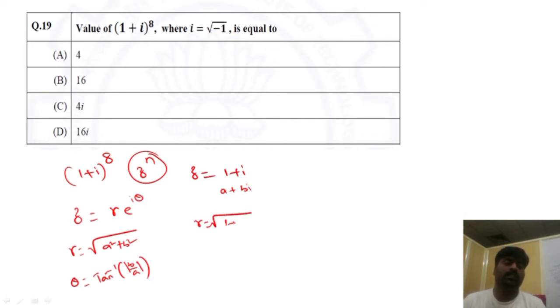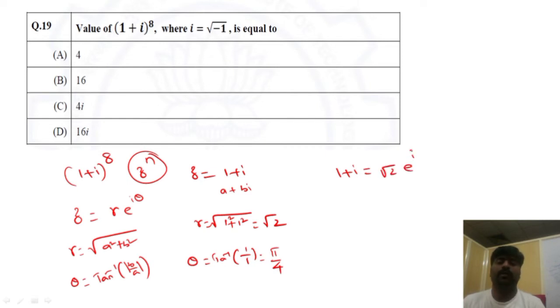So r is root of 1 square plus 1 square, which is root 2. And theta is tan inverse of 1 by 1, and tan inverse of 1 is pi by 4. Therefore 1 plus i can be written as root 2 e power i into pi by 4.